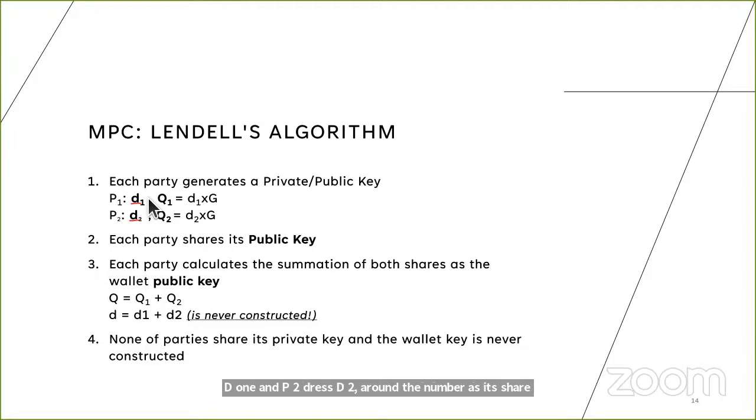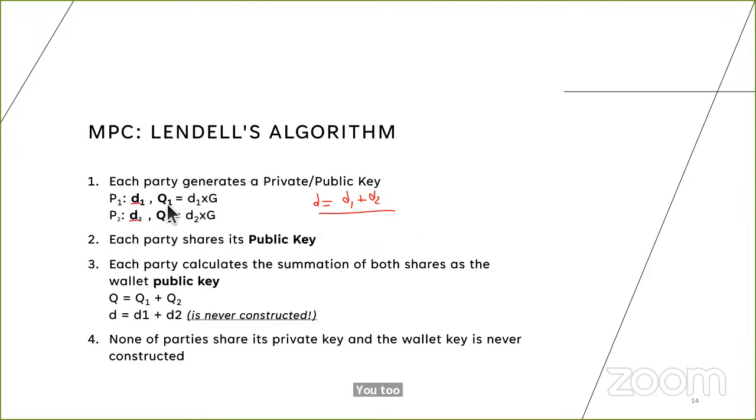Consequently, they can compute their public keys: Q1, which is D1 times G, and Q2, the public key of party 2, which is the multiplication of D2 on the base point G. The assumption is that the private key is the summation of D1 plus D2, and consequently, the public key is the summation of Q1 and Q2.